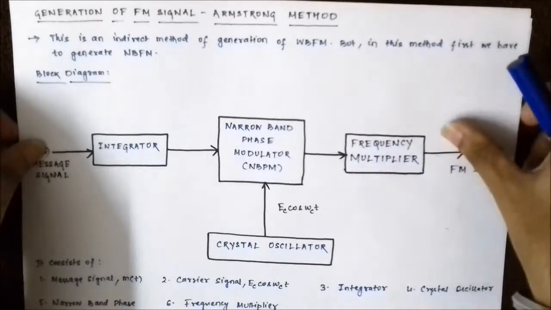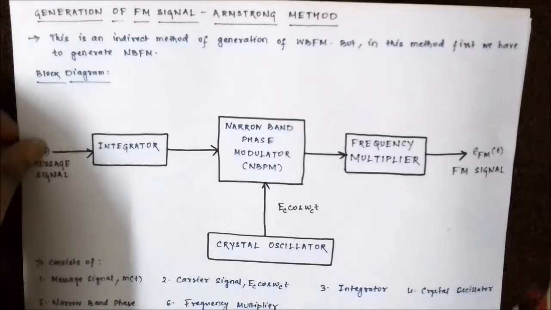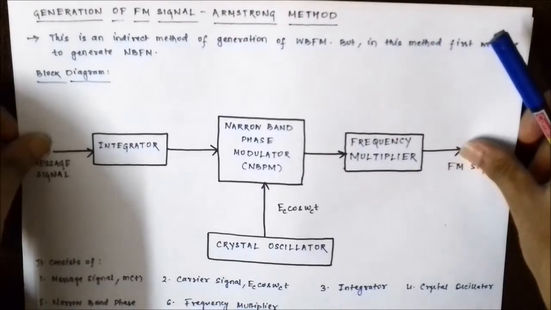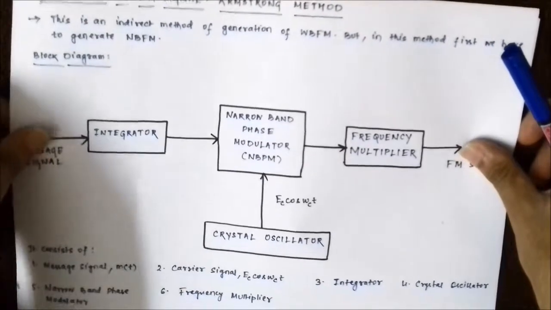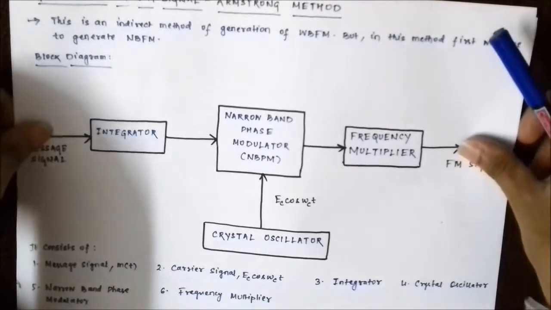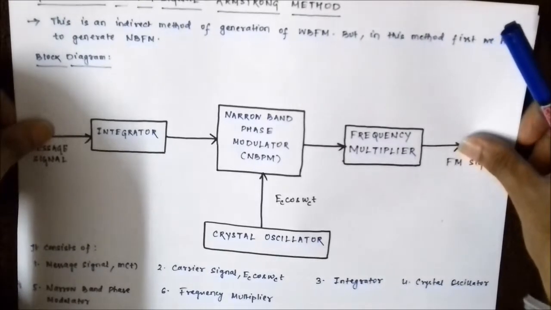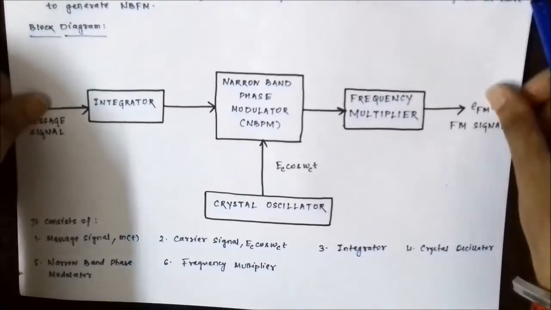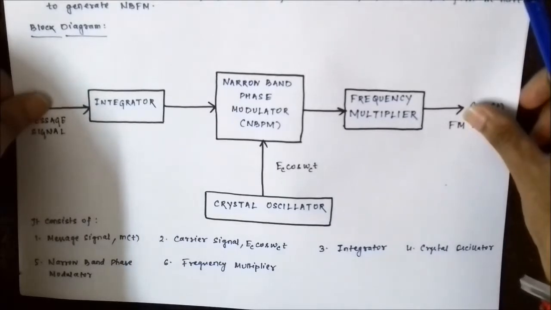Wideband FM, as we know, has a greater number of sidebands, and also the modulation index, bandwidth, and frequency deviation are more in case of wideband frequency modulation as compared to narrowband frequency modulation. So in the Armstrong method we will be getting a wideband frequency modulated signal. So this is the block diagram of the Armstrong method of generation of FM signal.